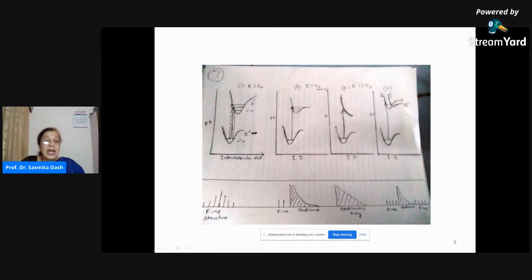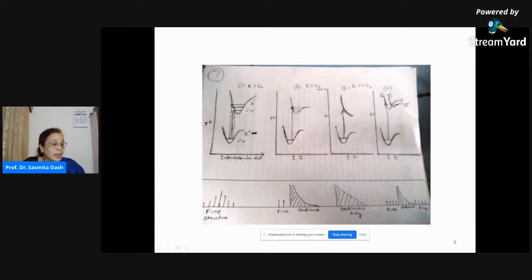We have the molecule in the ground state. The molecule has to acquire h nu amount of photon energy and get excited to a higher vibrational state.